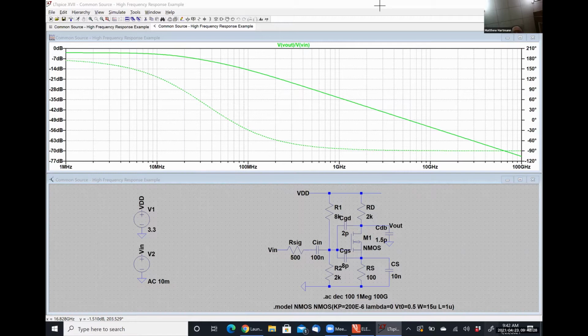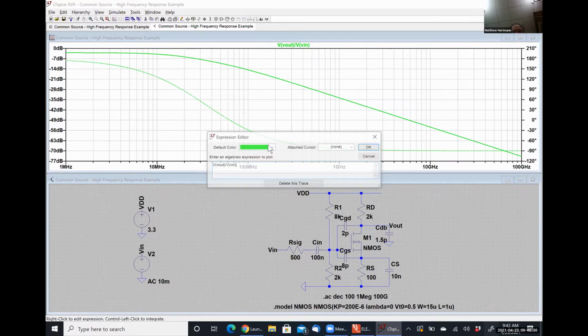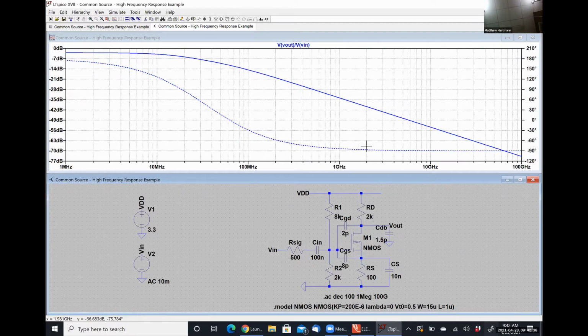Let me make this not green so that you guys can see it. So this guy looks like a first order low pass filter, right? This has one distinct roll off, which is telling us that our approximation of a dominant pole is effectively correct.